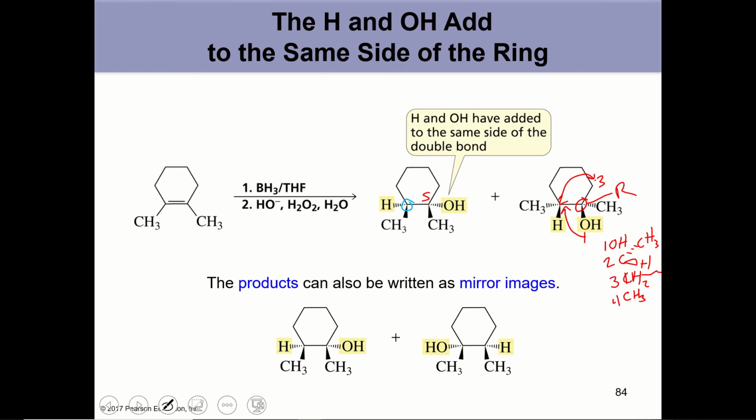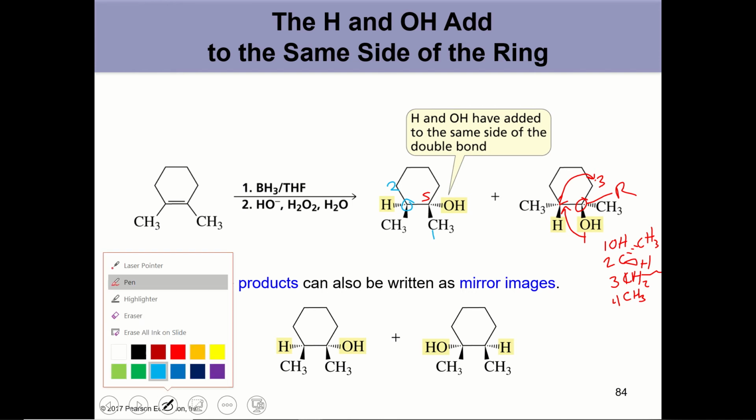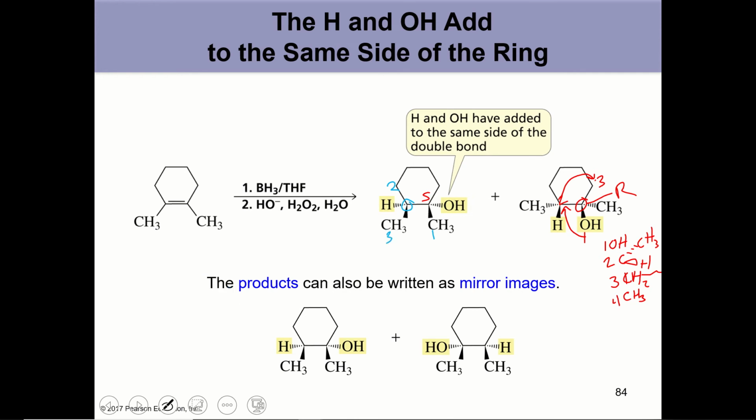Carbon 1 is the asymmetric center. Carbon 2 is the ring carbon on the other side. And carbon 3 is the methyl group. And group 4 is the hydrogen.